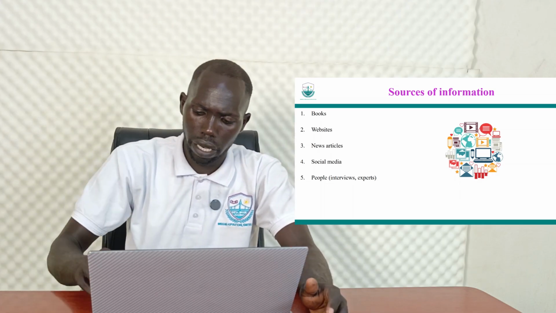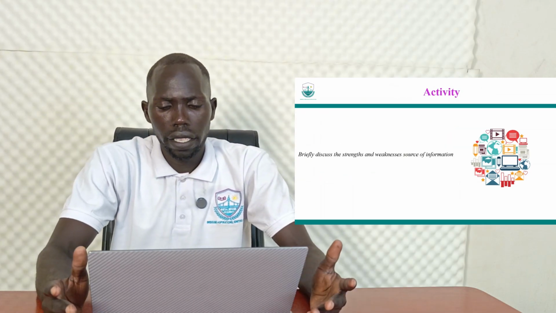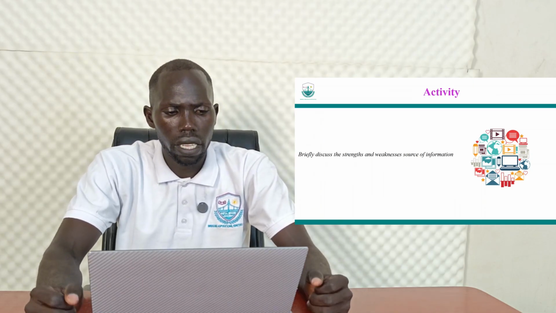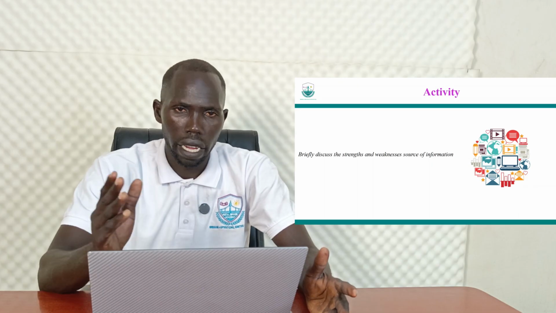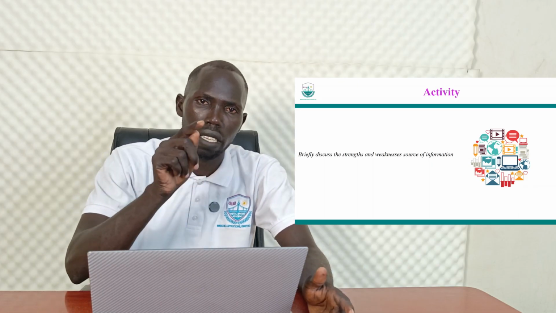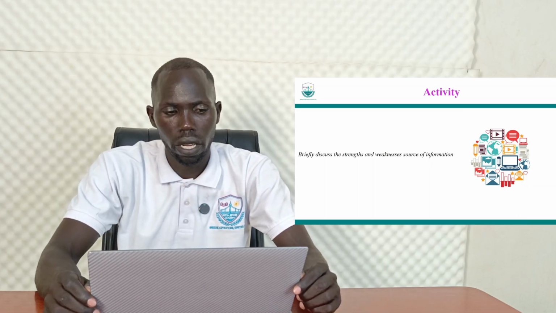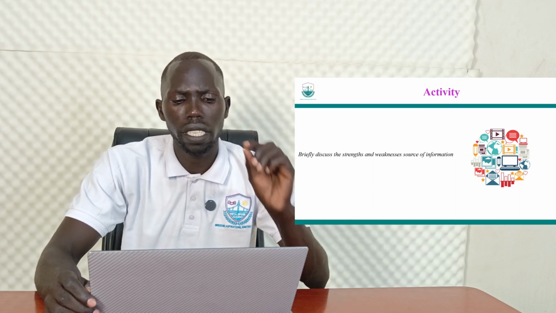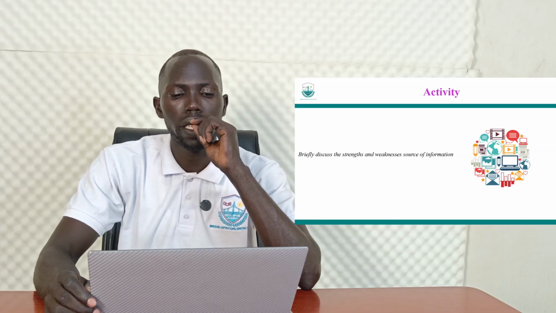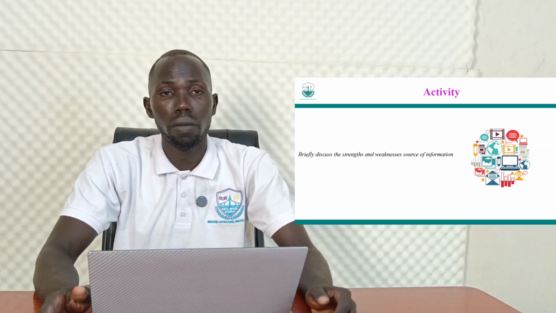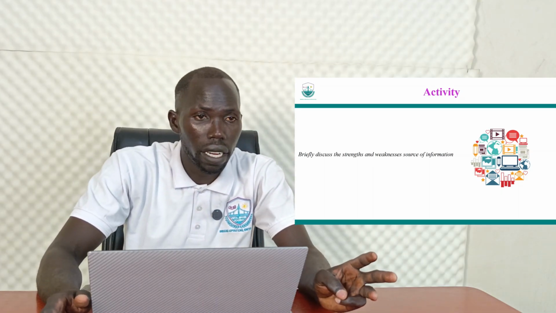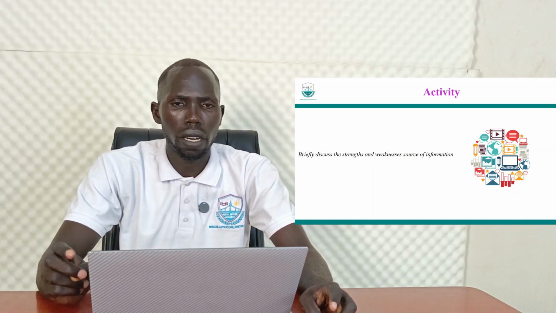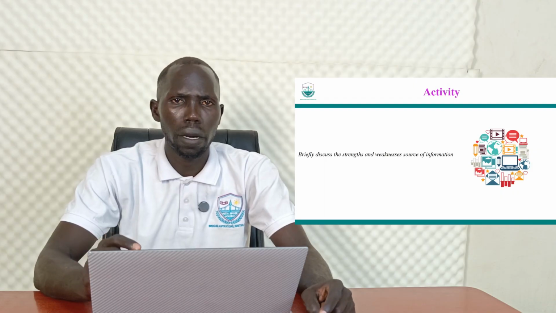That is important. There is a simple activity for you, and I encourage you to write the response to this activity in the comment section of this video. The activity demands you to briefly discuss the strengths and the weaknesses of sources of information, whether it is the books that we said, the social media we talked about, or the people we talked about.